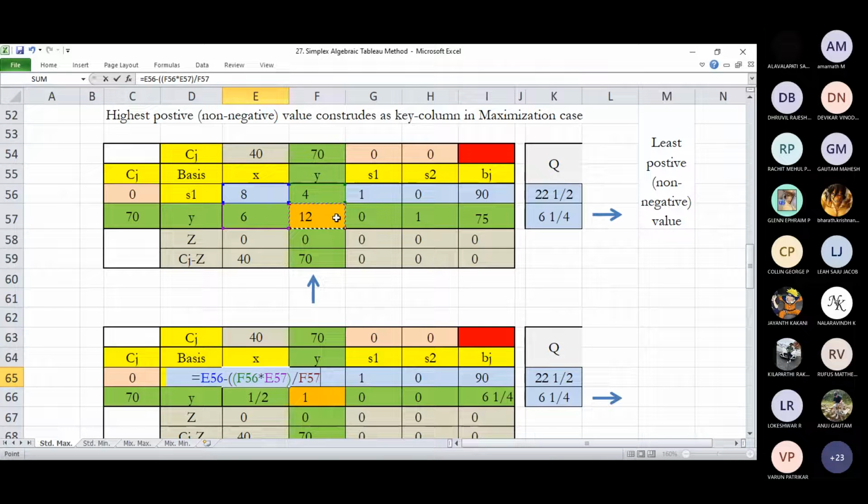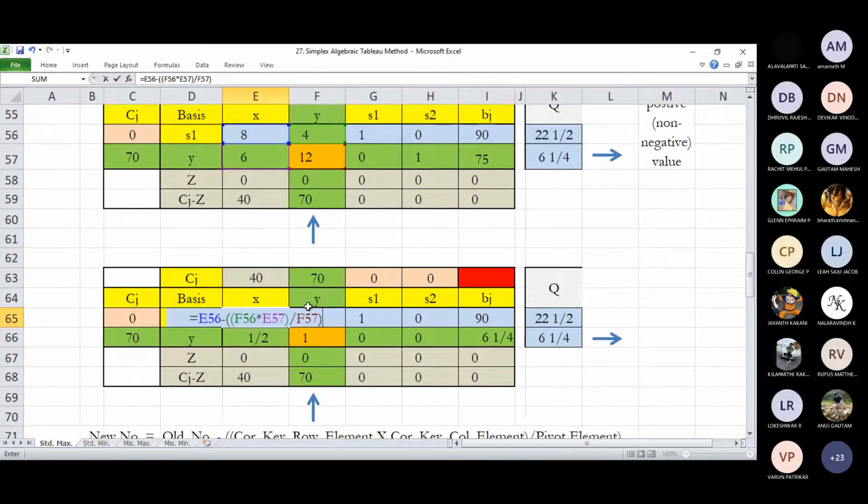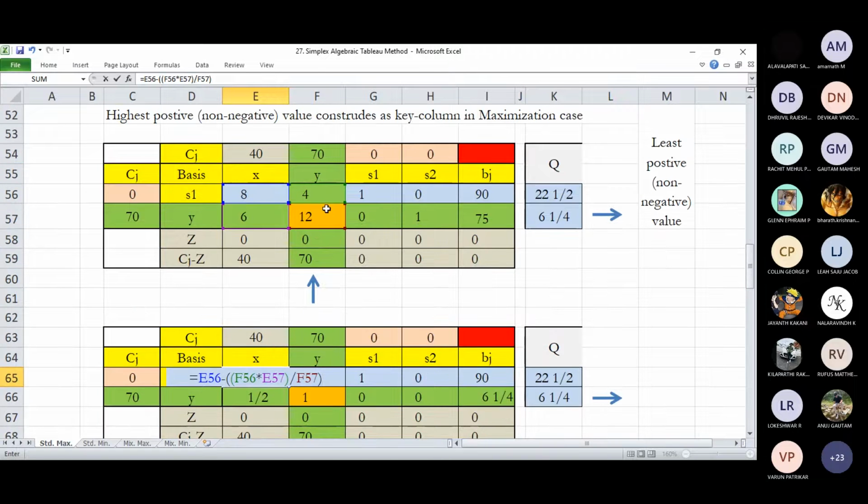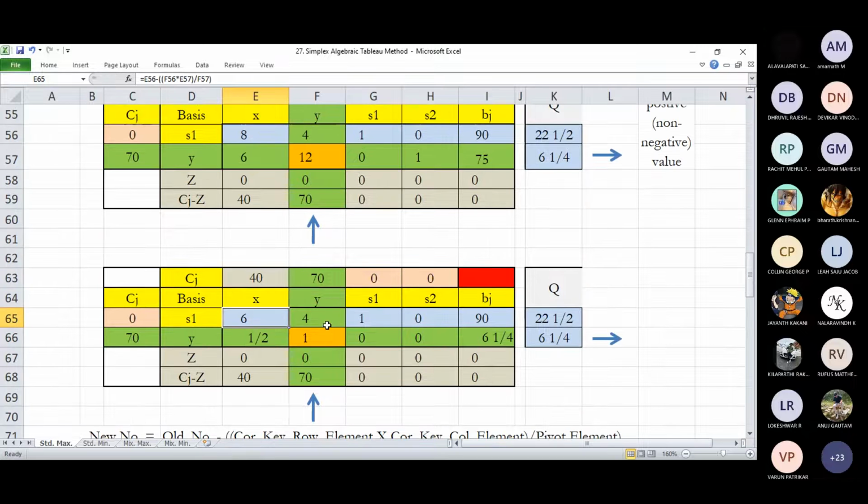Remember that we convert the key row by dividing it by the pivot element, but this formula holds good only if you do it prior to the conversion of the key row that makes the pivot element 1. So we should not divide by 1 since the operation is done here. When I put enter, it will become 6, right?